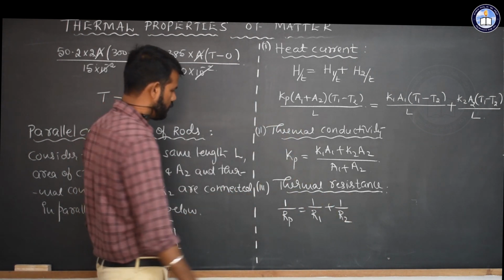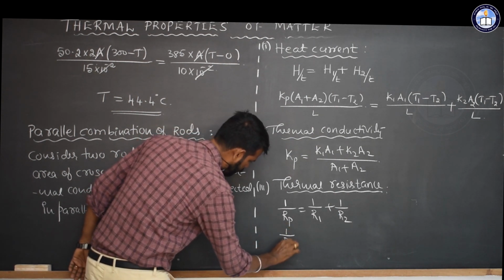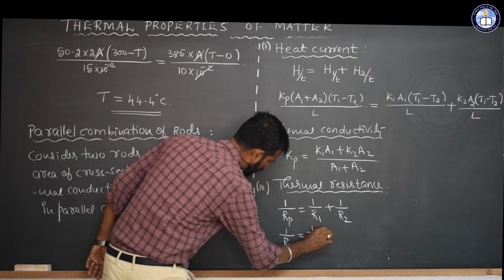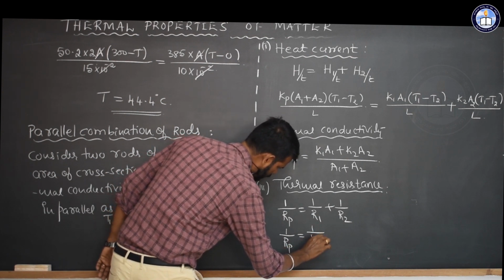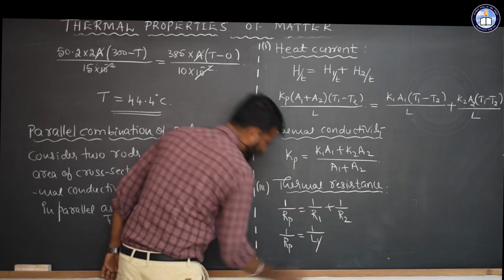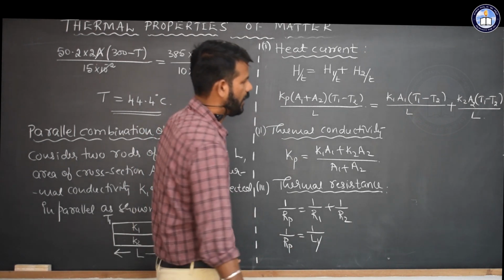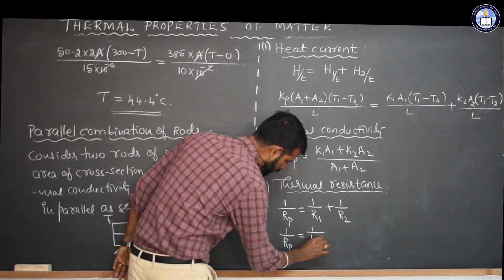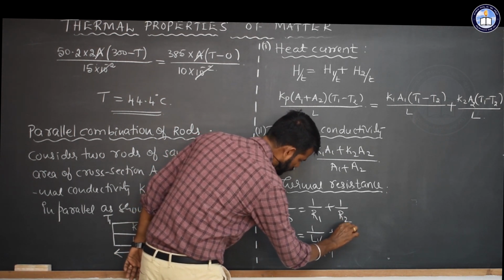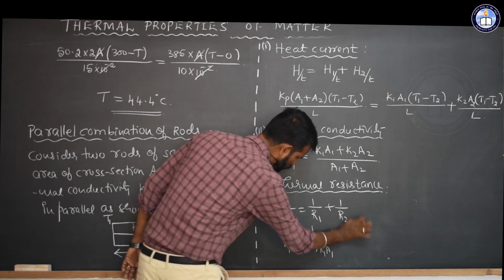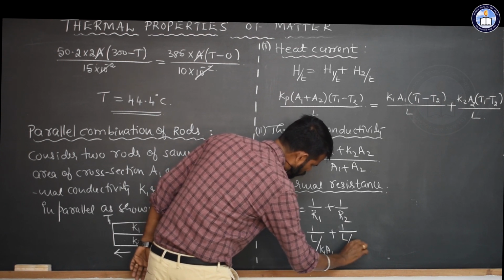Now I can substitute the R1 and R2 values here. We know the thermal resistance R is equal to L by KA. So 1 by RP is equal to 1 by (L by K1A1) plus 1 by (L by K2A2).